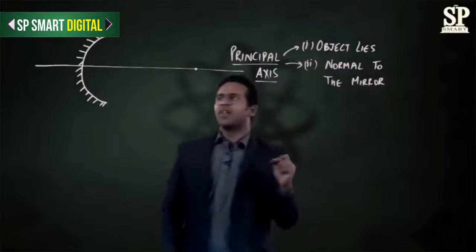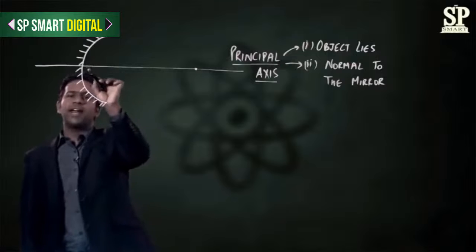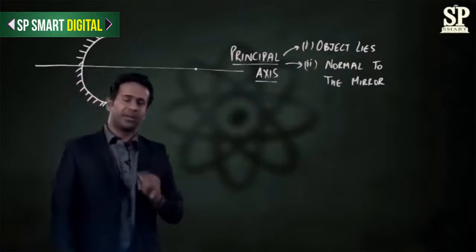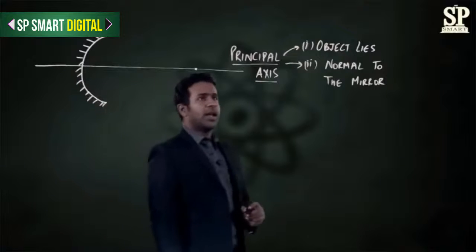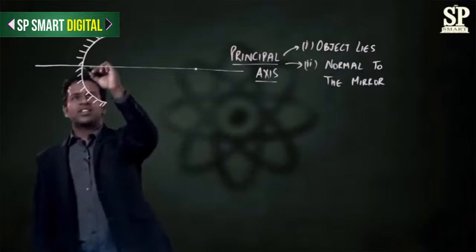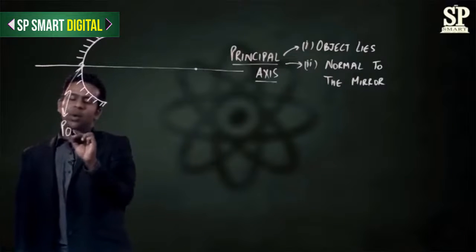which means that this line close to the surface of the mirror is perpendicular to it. So at this point, it would be perpendicular to the mirror. Right. Now, the point where the principal axis touches the mirror is called the pole.